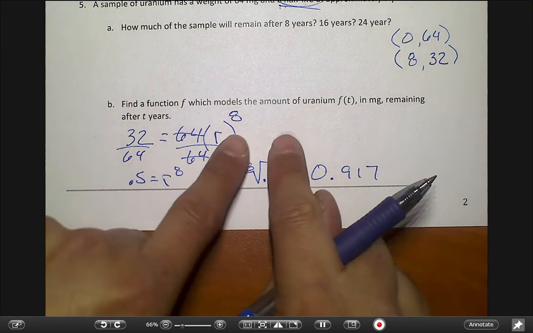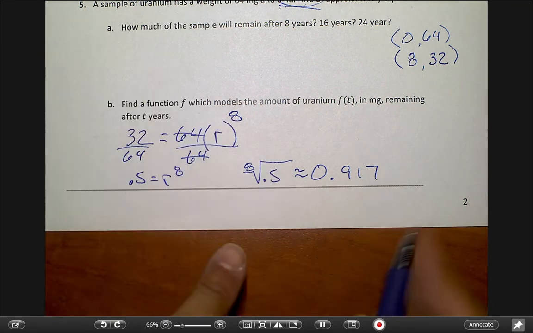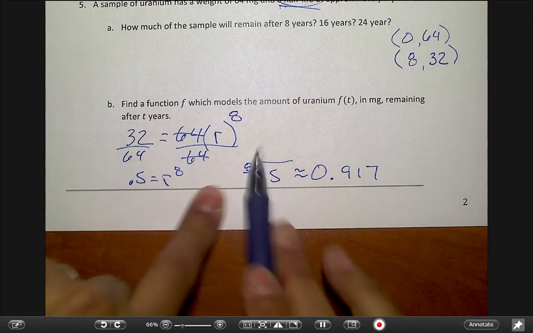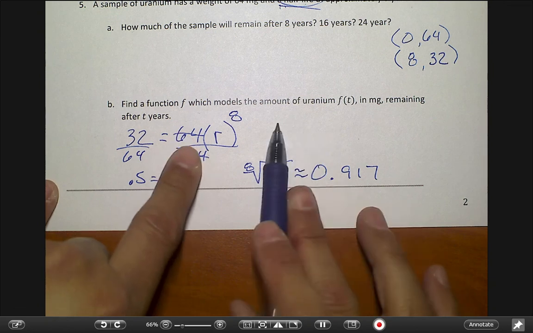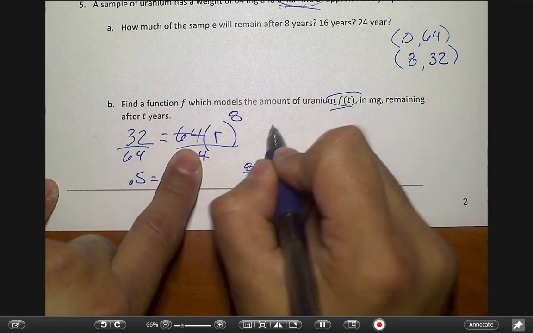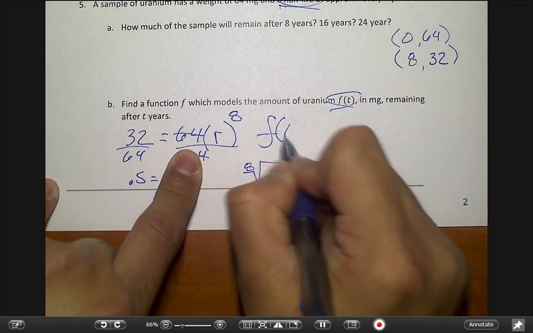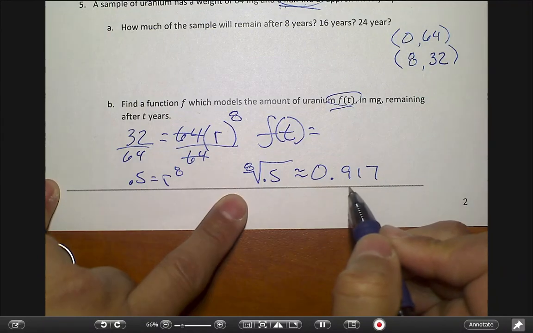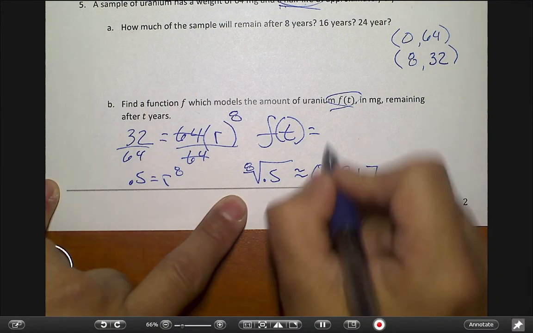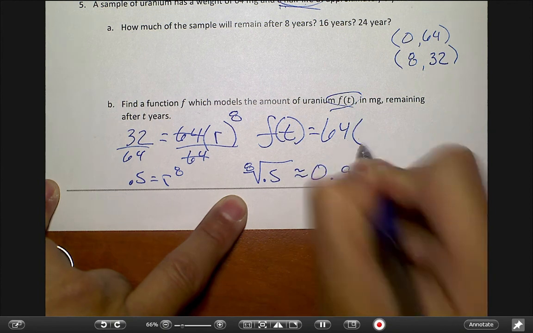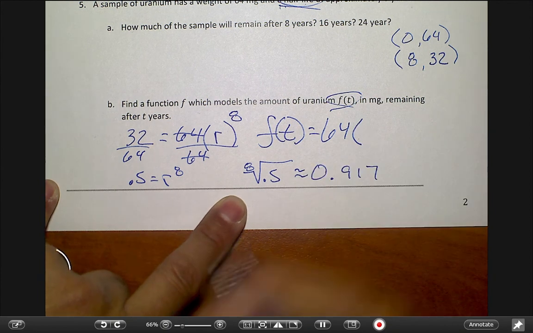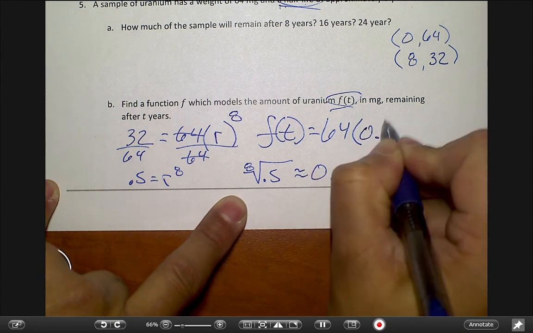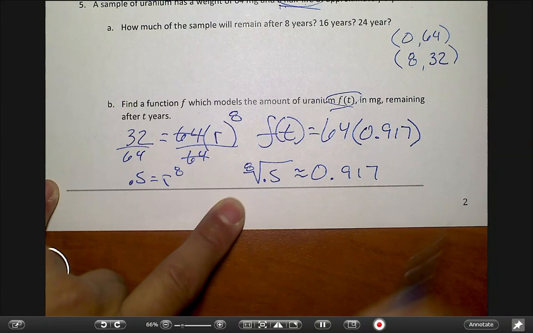Now, for this one right here, if you notice I'm going out of order on this. So we're writing out the function f of t. So f of t would equal, what's my initial? 64 times 0.917, right?